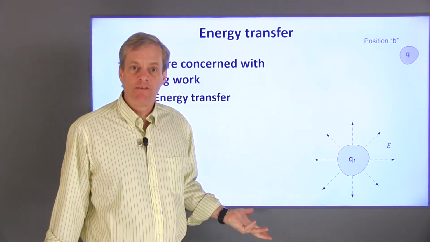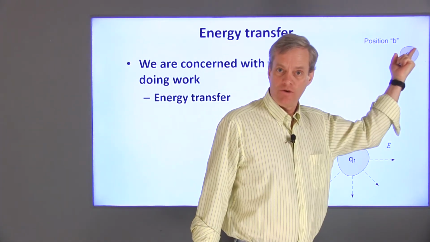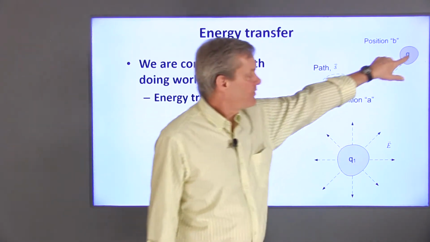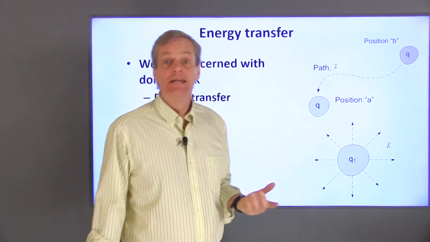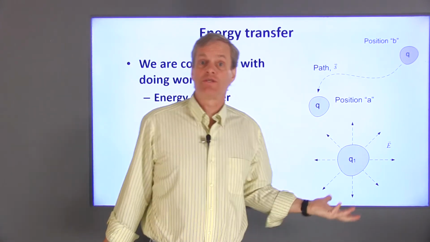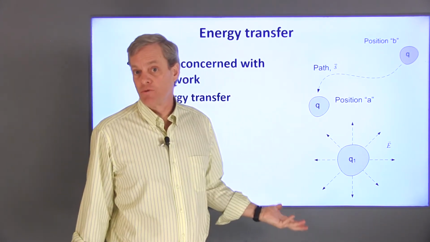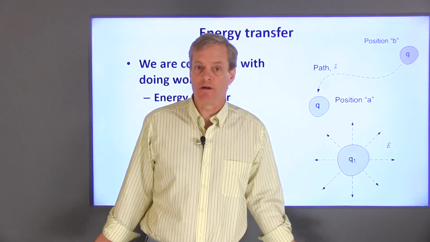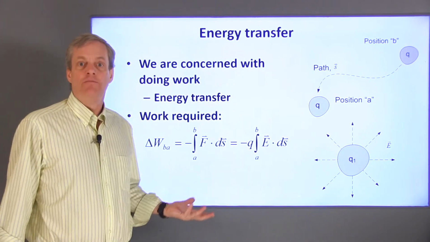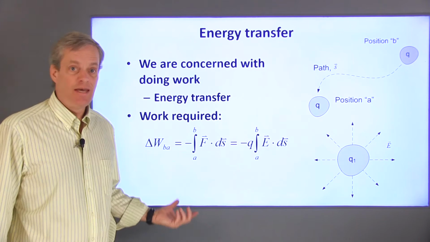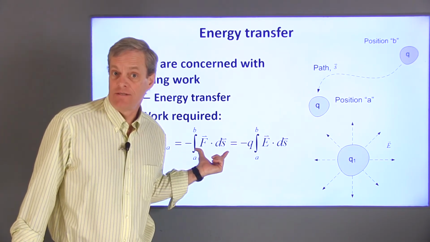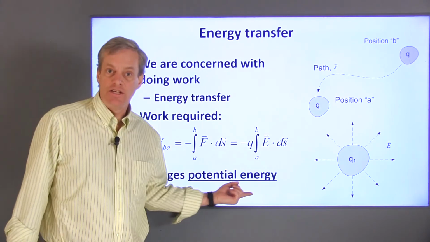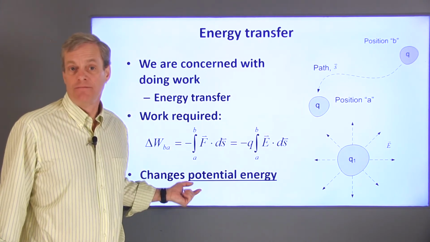Because of the effects of the field, there's a force applied to Q. Now, let's move the charge Q along some path S to a position A. Since there's a force on Q, this corresponds to moving a force through a distance, which is the definition of work. The work involved in moving the charge from point A to point B is the integral of the dot product of the force times the distance. This is just a change of potential energy of the charge.